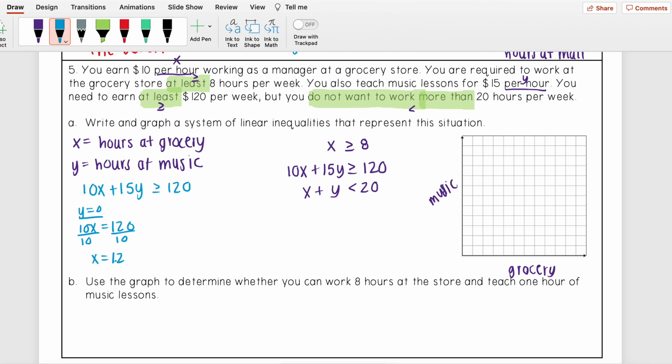So I have x is equal to 12, so that's going to be the point (12, 0). And then 120 divided by 15, I get 8.